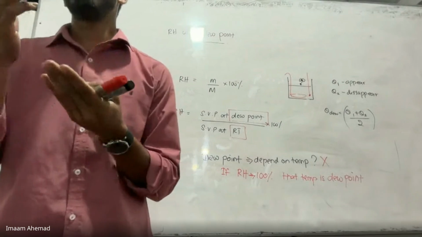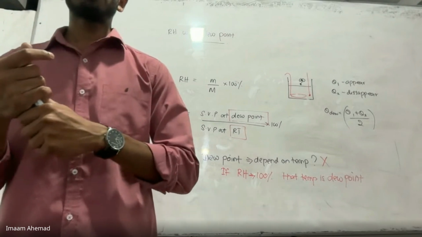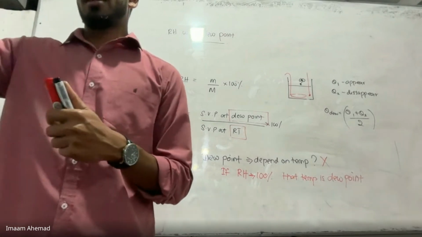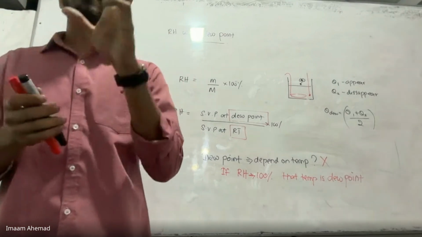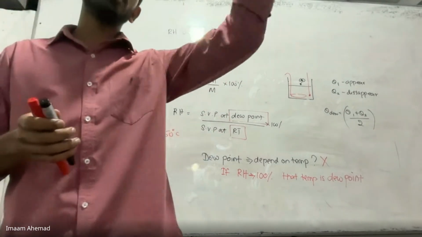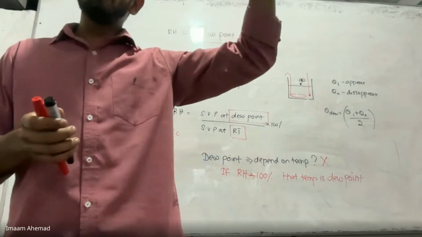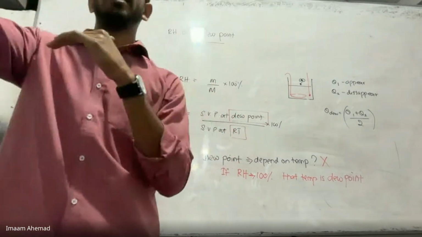Now, what's the disadvantage if we use water? When we add ice, first ice has to go from 0 degrees Celsius ice to 0 degrees Celsius water. In that time itself, it will absorb a lot of heat for that phase change.